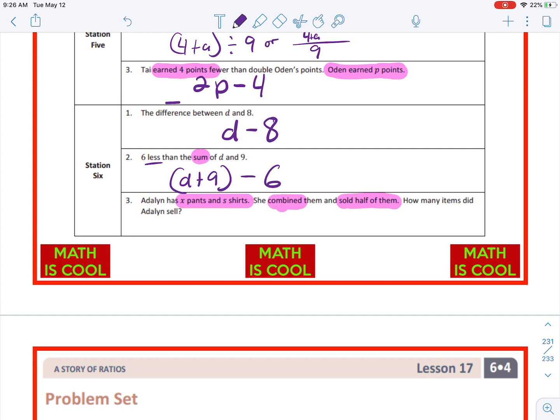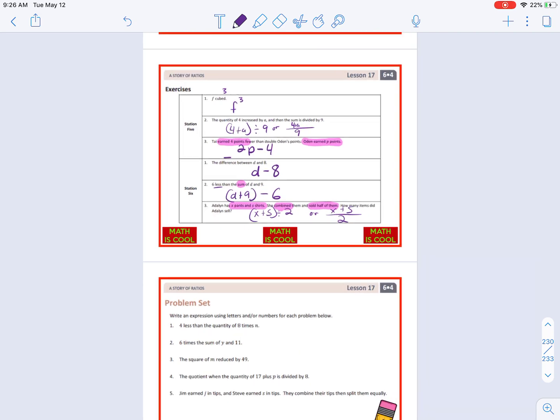So we're going to do X plus S divided by 2. Or this can be X plus S over 2. Either way is correct.